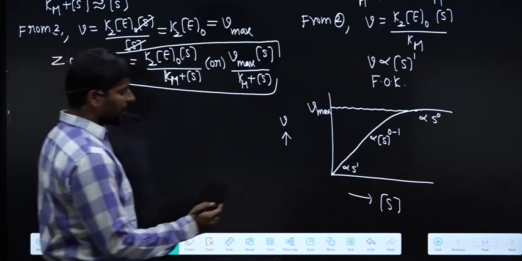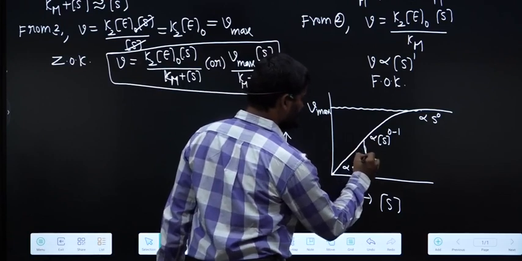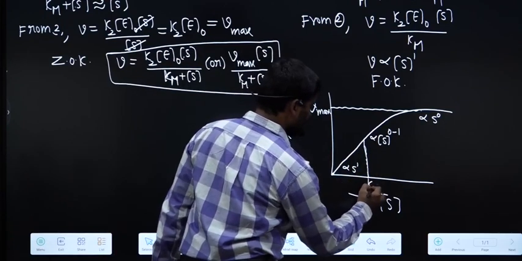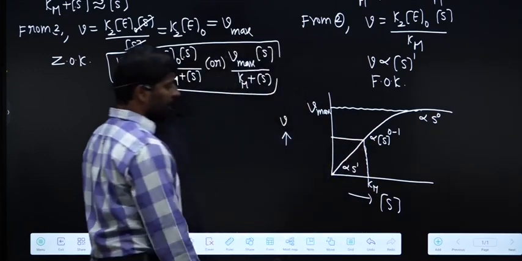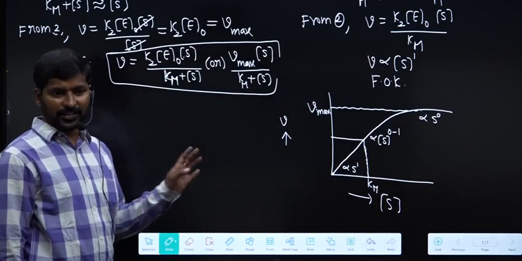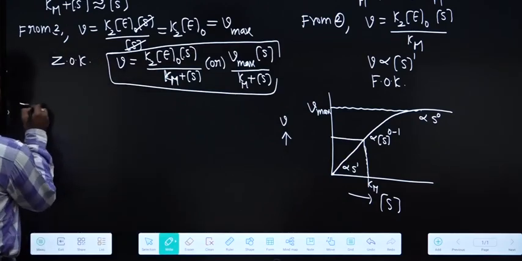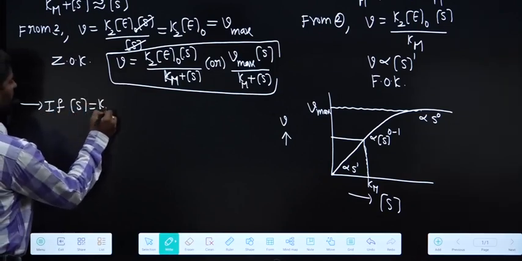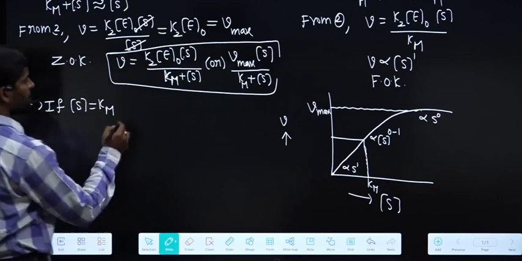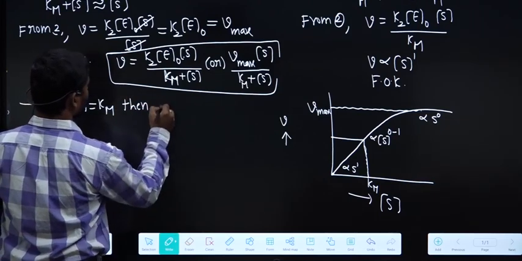If you take a particular situation, that is, if concentration of S is equal to Km, then what about rate? If concentration of S is equal to Michaelis-Menten constant, then what about rate? If concentration of S is equal to Km, then this is the equation we have.